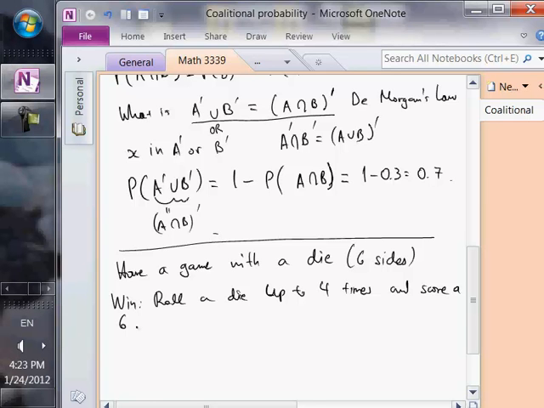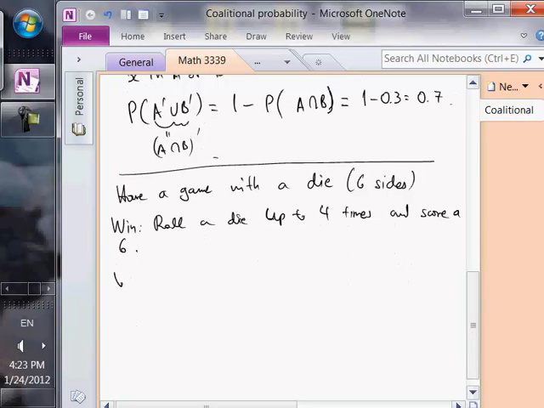So if you score a 6 at the first roll, then you don't need to roll 3 more times. You're a winner. Now, if you don't roll a 6 during the first roll, then you get a second chance, and a third chance, and a fourth chance. And if in all 4 chances you haven't rolled the 6, then you are called what? A loser. Yes, you lost the game, okay? So that's the rule of winning.